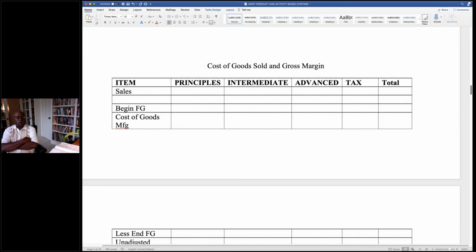So we would have to do the sales by each one, for the principal goods. Then the cost of goods manufactured, less ending, gives you the cost of goods sold. Then you subtract that to get your gross profit. So you got to put all of those numbers in.